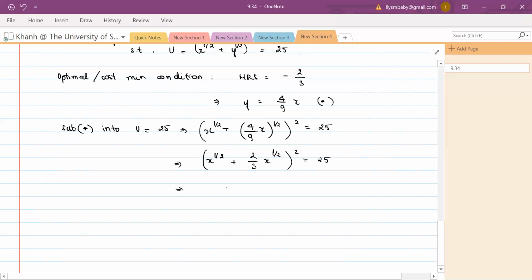Over here I get (5/3) x^(1/2) all squared.